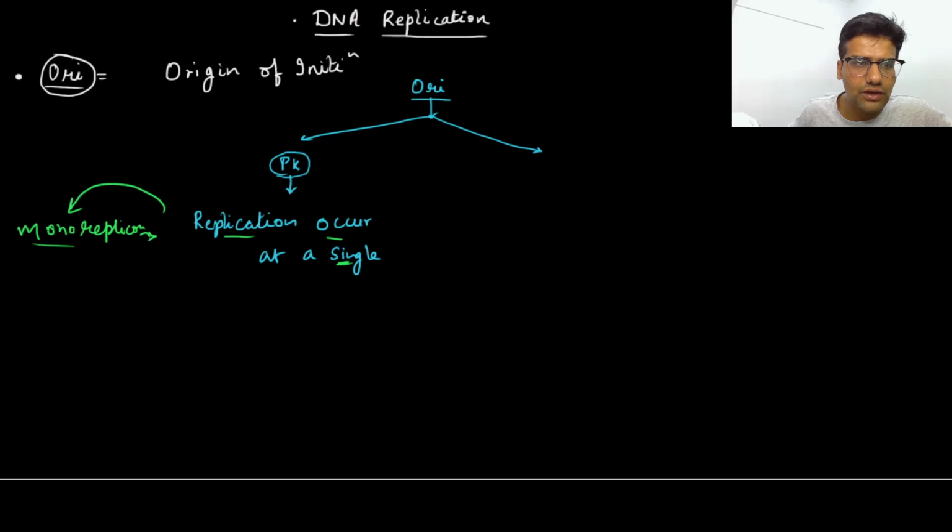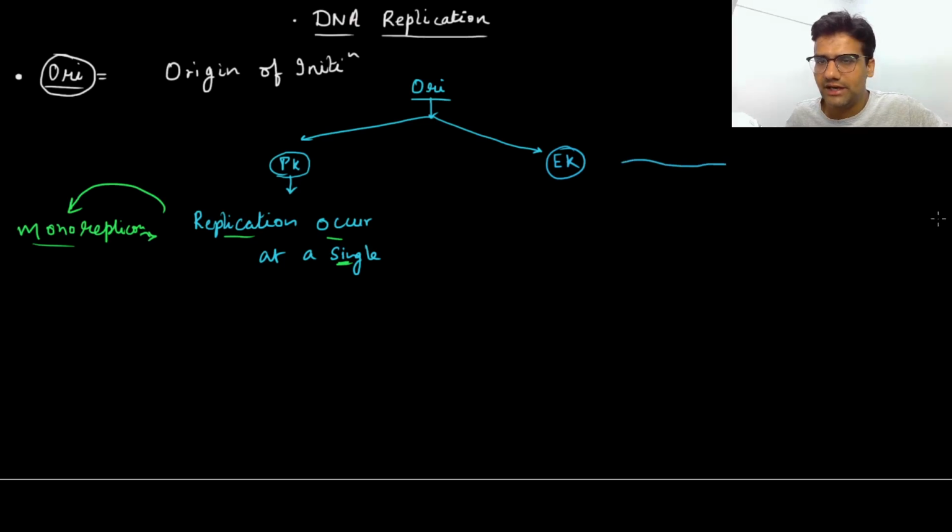But if we talk about eukaryotes, the process of DNA replication occurs at many points at a single time. Let us say this is the DNA in case of eukaryotes. The origin of initiation occurs at many points.